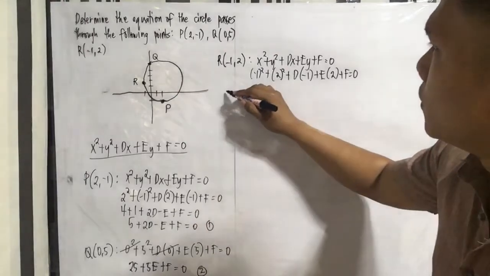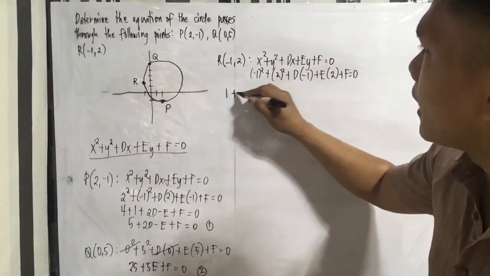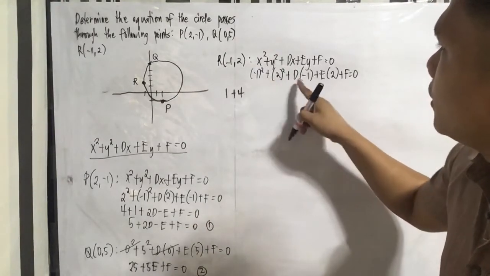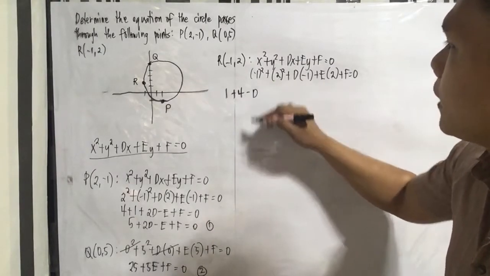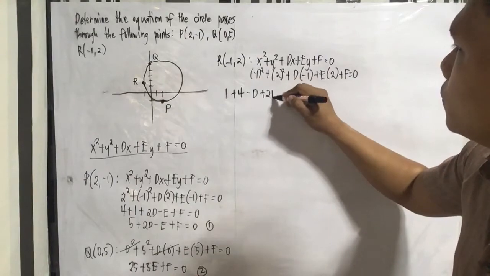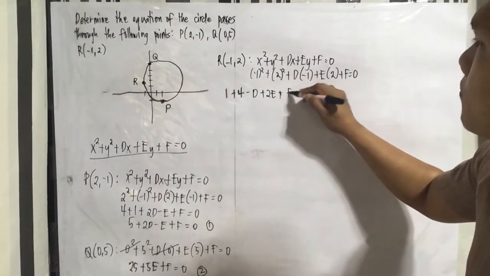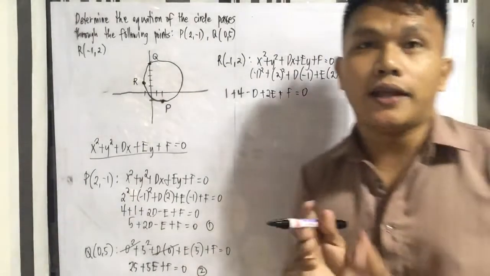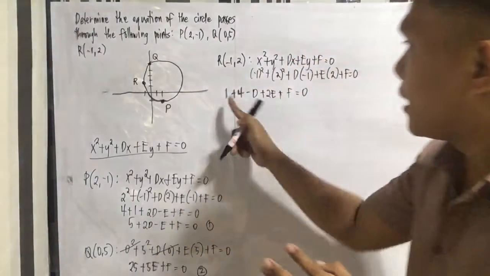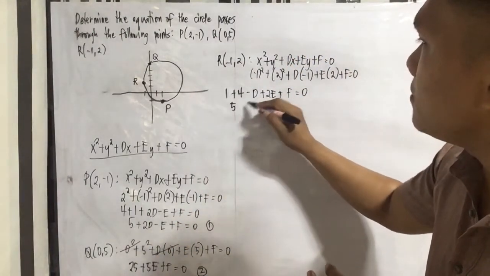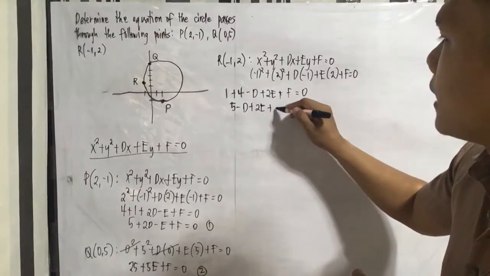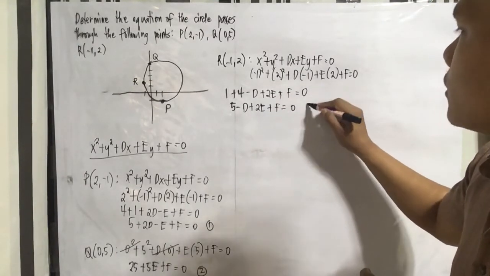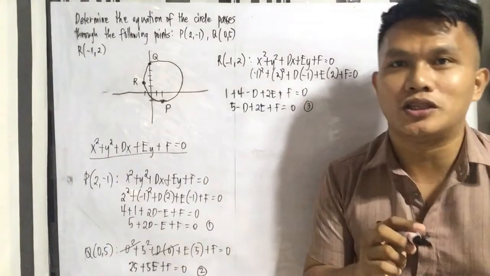Then 1 plus 4, d times -1 is -d, plus 2e plus f equals 0. Simplifying further, 5 minus d plus 2e plus f equals 0. That will be our third equation.